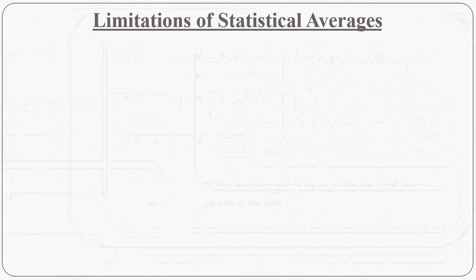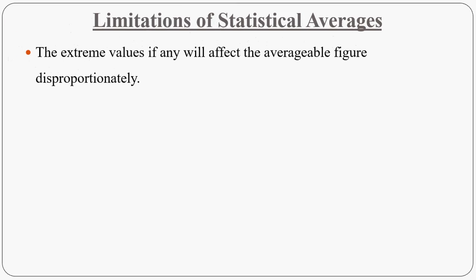Now what are the problems, limitations, drawbacks with regards to statistical averages? Let us see one by one. The first problem: extreme values, if any, will affect the average figure disproportionately.